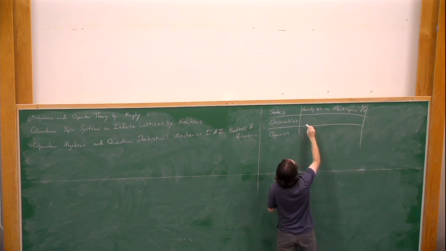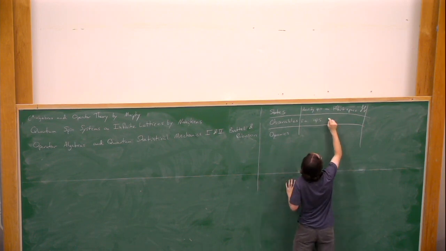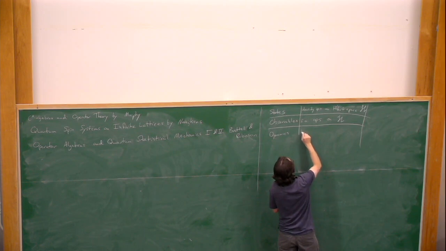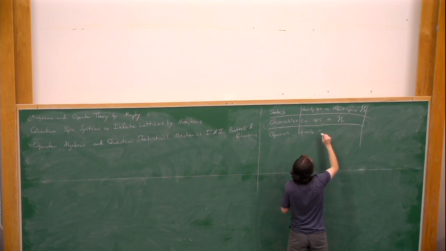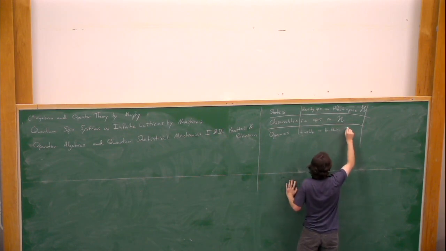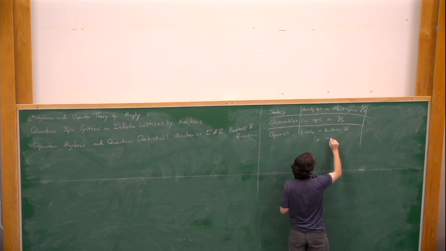Our observables were self-adjoint operators on H, and the dynamics was a one-parameter family of unitaries, or generated by a Hamiltonian, which are both operators on H.